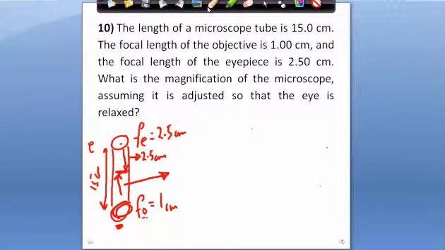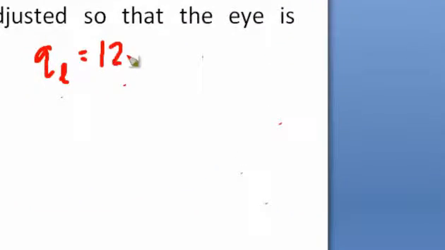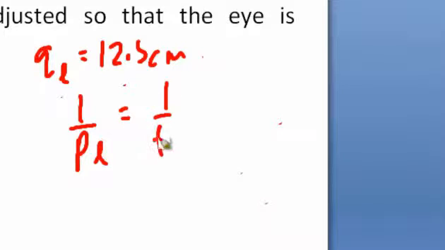So we know QL is equal to 12.5 centimeters. Our PL will be equal to 1 over F minus 1 over Q, which is equal to 1 over 1 minus 1 over 12.5.